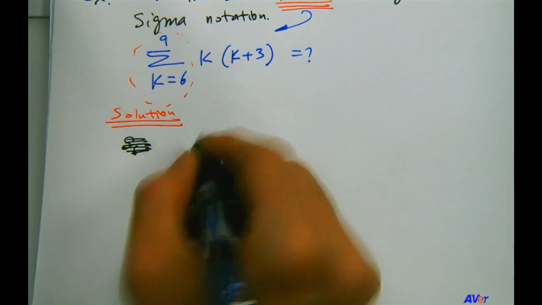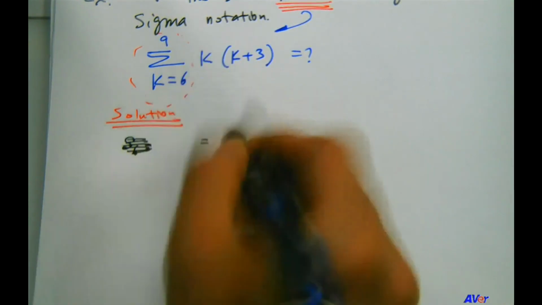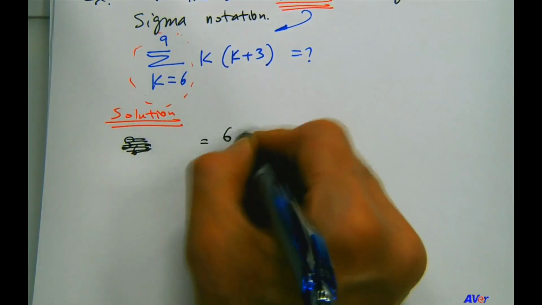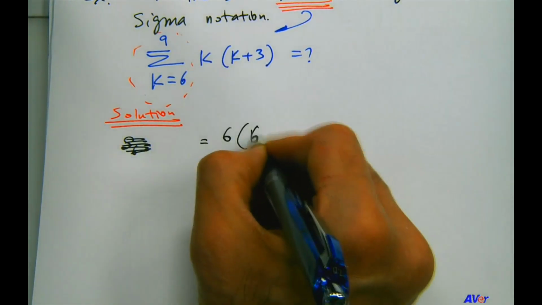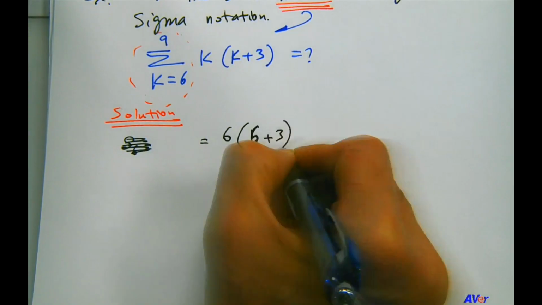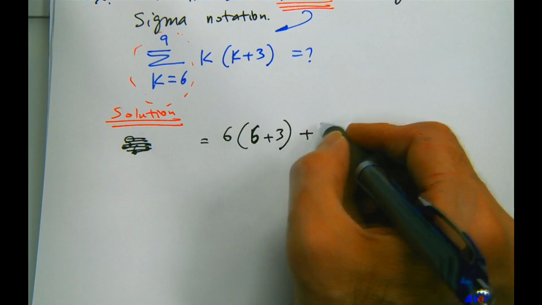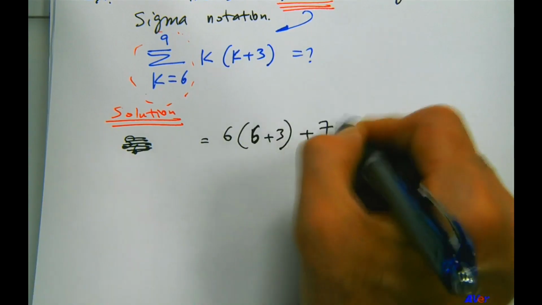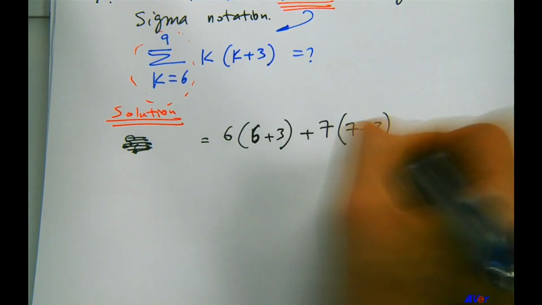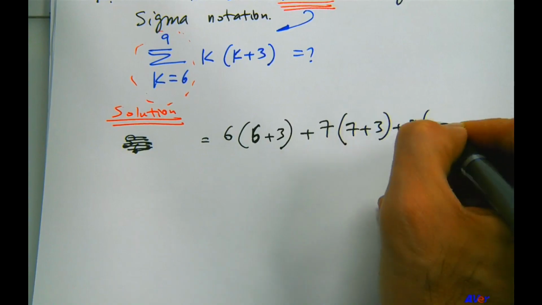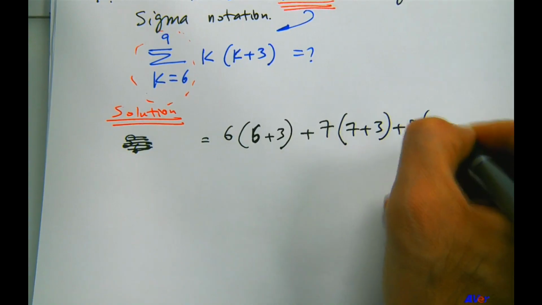So the left-hand side would be equal to 6 times 6 plus 3, right? That's for that. Then the seventh digit in the partial sum, so 7 times 7 plus 3. The 8th digit in the partial sum, 8 times 8 plus 3.